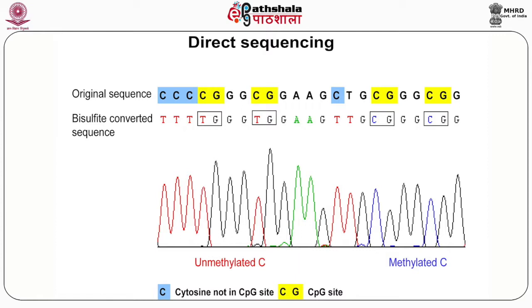This method is more accepted because it provides resolution for differentiating a heterogeneous population of bisulfite converted DNA sample, as the conversion reaction is not always 100% efficient.